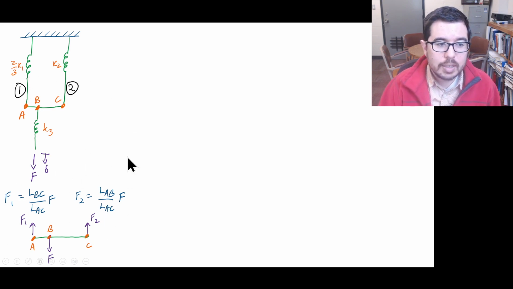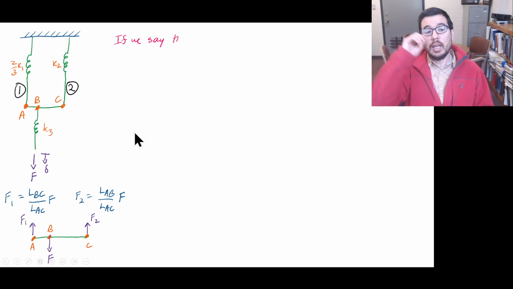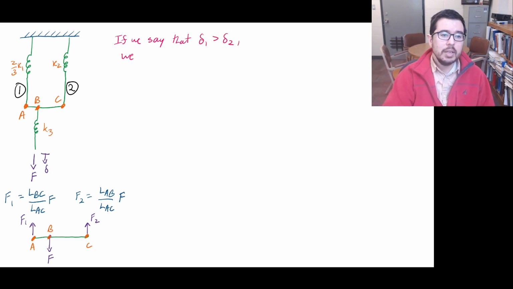Now, let's copy what we've done here and start looking at what happens to this member as it rotates. For this, what we're going to say is the change in length on this left leg, we're just going to assume for now that it's larger than the change in length on the right side.